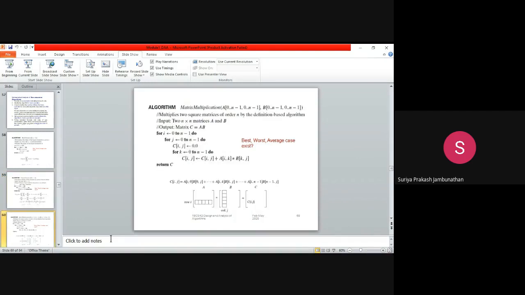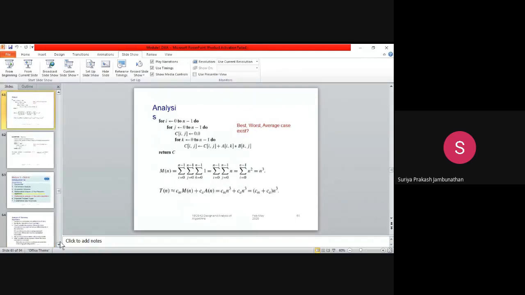So here in the matrix multiplication, let's see the time complexity. What will be the matrix multiplication time complexity? It will be C suffix m plus C suffix a into n cube.